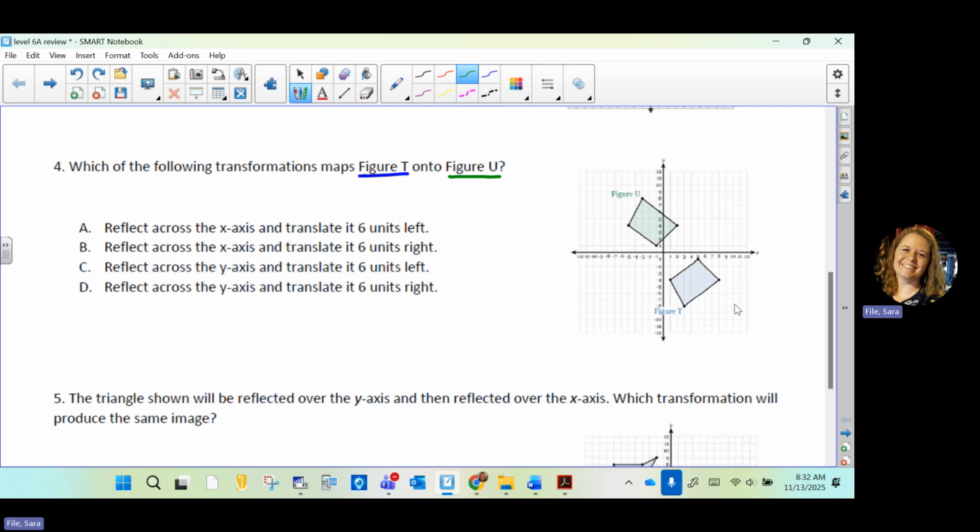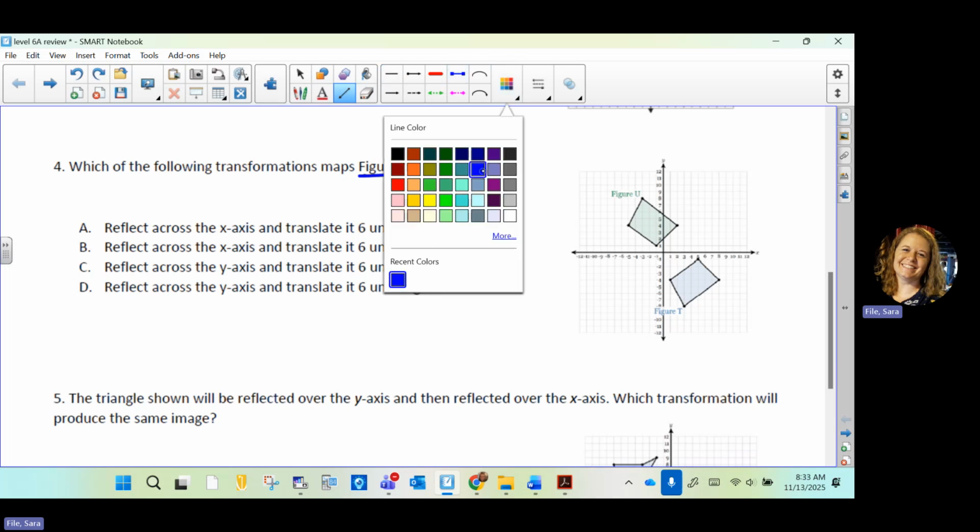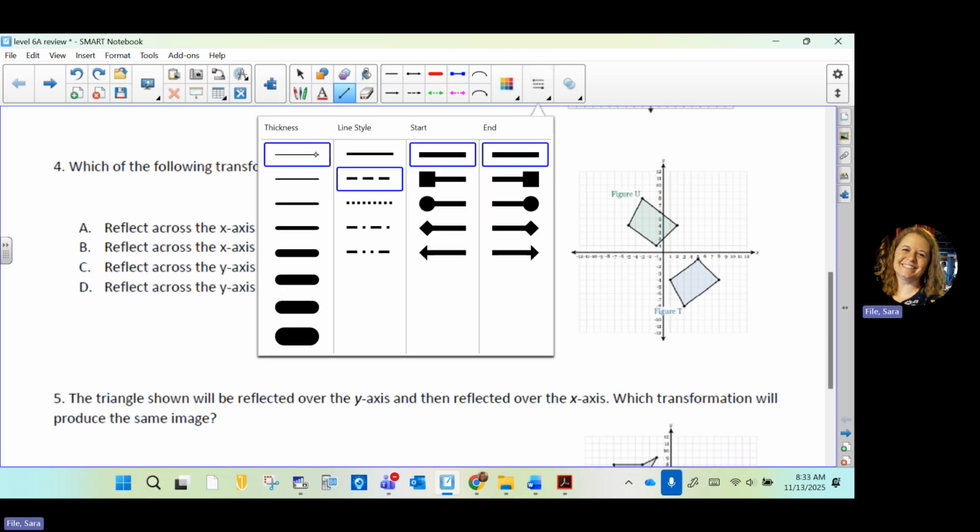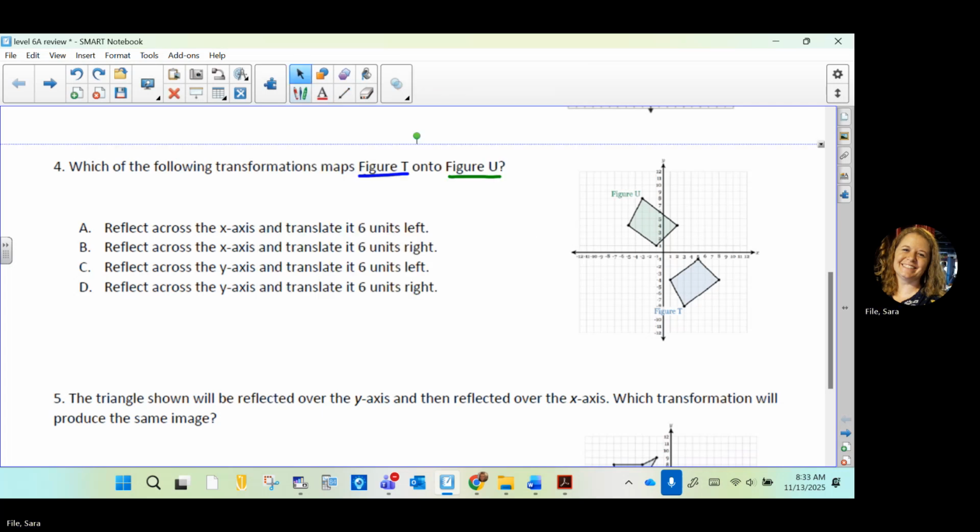Okay, so again, visualize if this is a reflection over the X or the Y. Which one would make the orientation look like this? Again, some of you are better at visualizing that than others, but if I were to sketch this on here, get a dashed line, if I reflected this up above the x-axis, that point would go here.